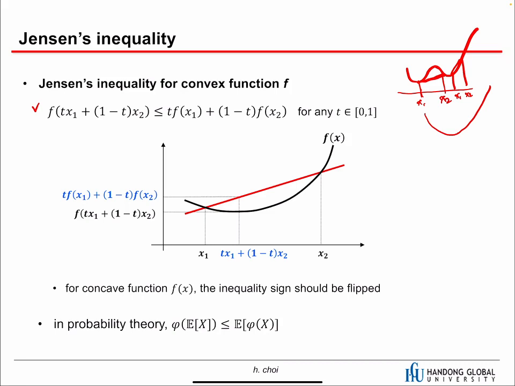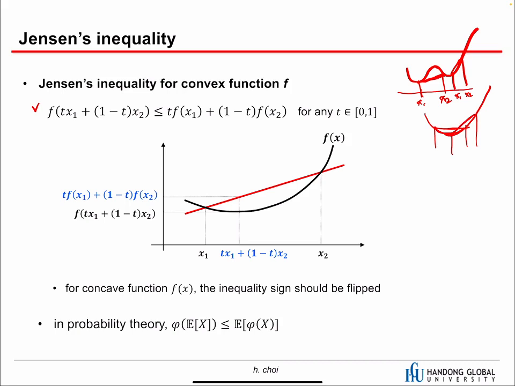But in this case, wherever you pick 2 values for x1 and x2, if we draw a line between these two, then this line is above this actual curve. And if we pick 2 here, and draw a line, this line is above the actual curve. So this is convex.